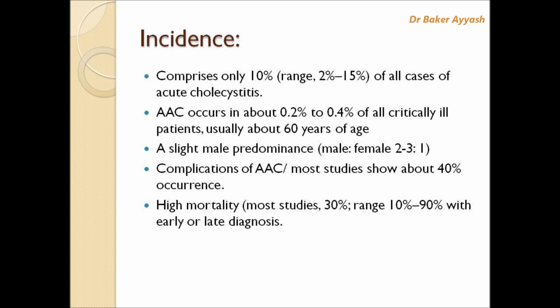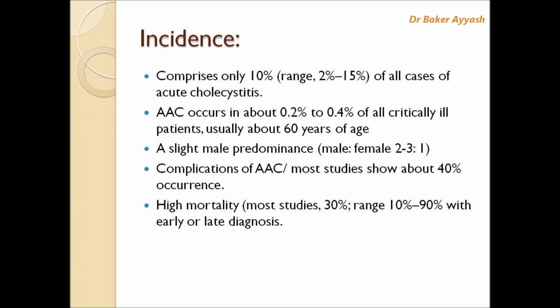Most commonly the case will happen in critically ill patients, and it occurs in about 0.2 to 0.4% of all critically ill patients. The condition can occur at any age, although a higher frequency is reported in persons in their sixth decade of life.